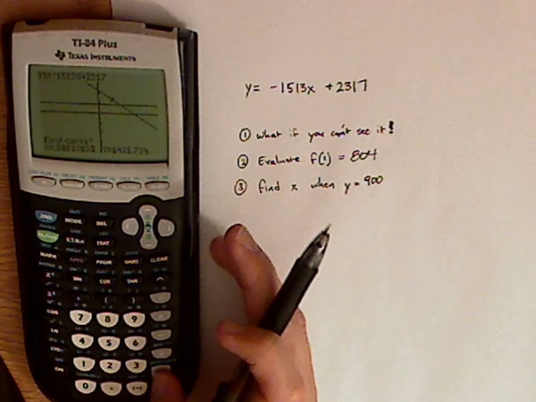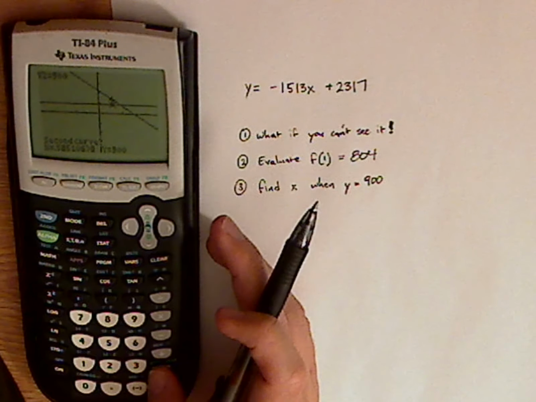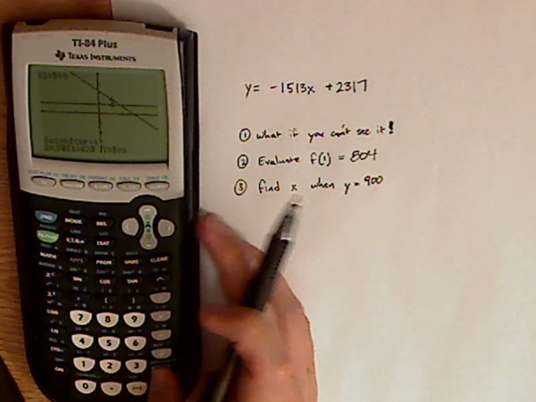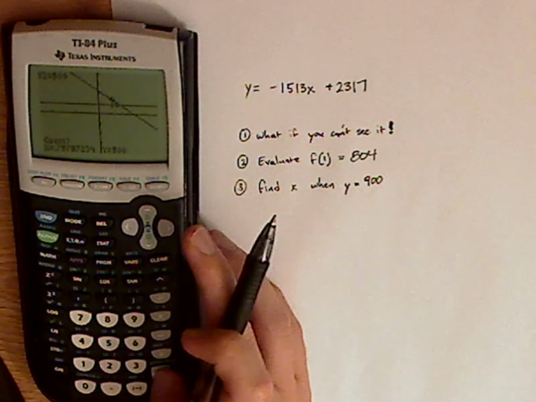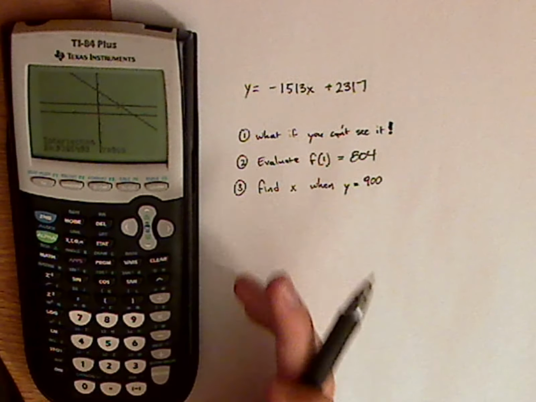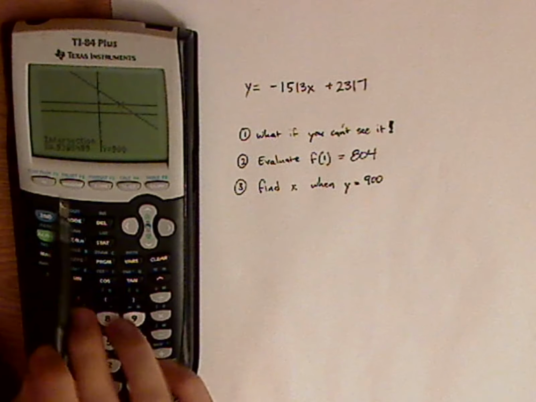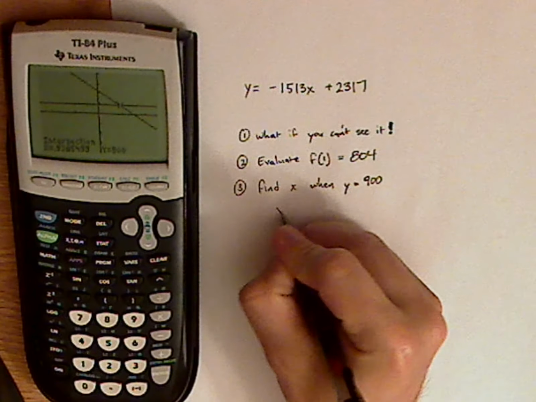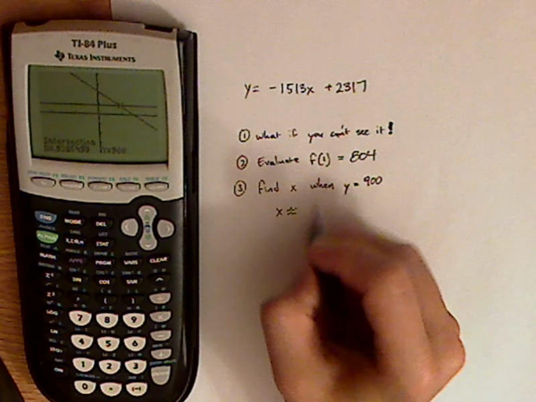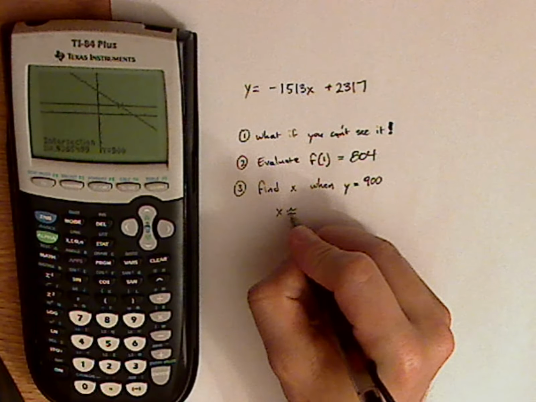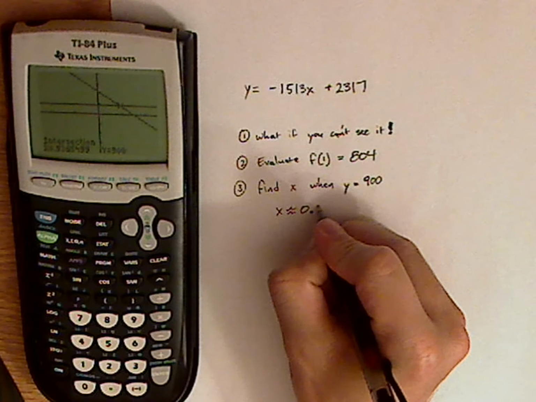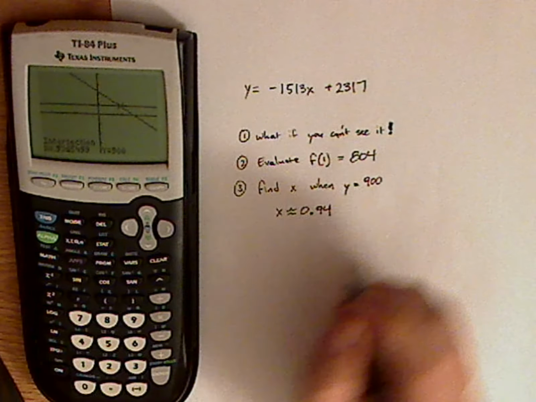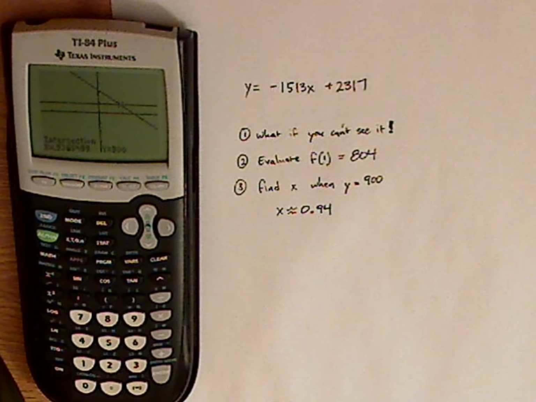So click it once for the first line, then click it once for the second line, and then guess, just get close to it. And it's approximately, rounded to 2 decimal places, x is approximately 0.94. And that's it.